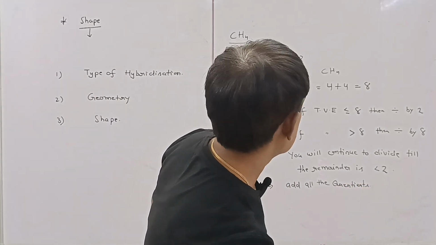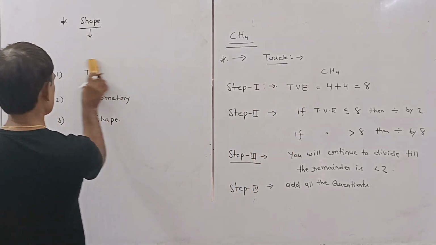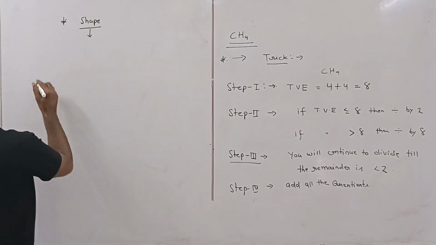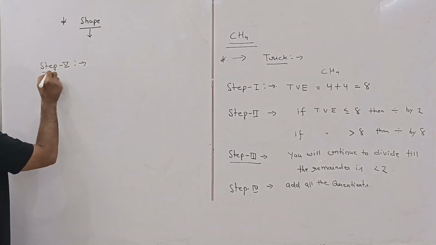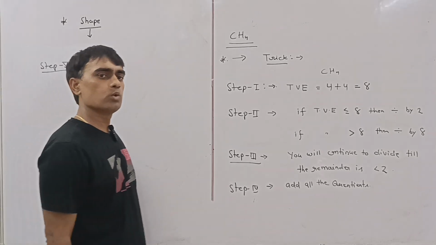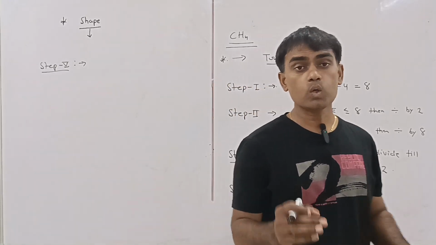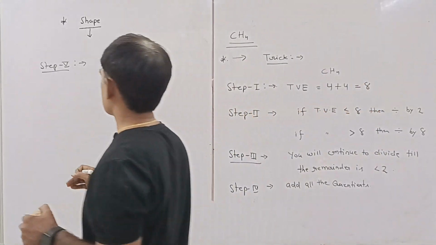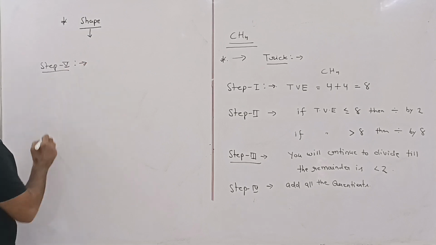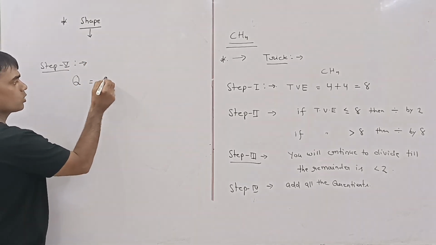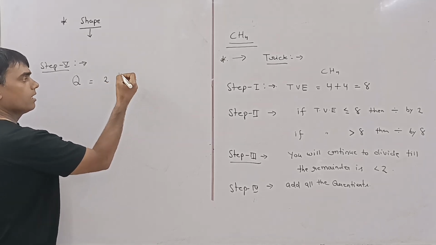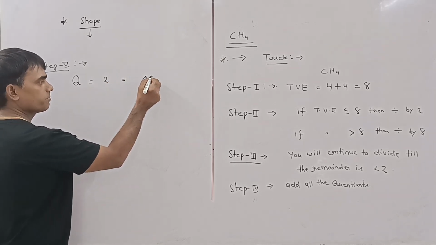And step 5, fifth step. It is a very important trick, and this trick has been applied on more than 500 molecules. Now in step 5, after adding the quotients, if the sum comes out equal to 2, then the type of hybridization is sp.